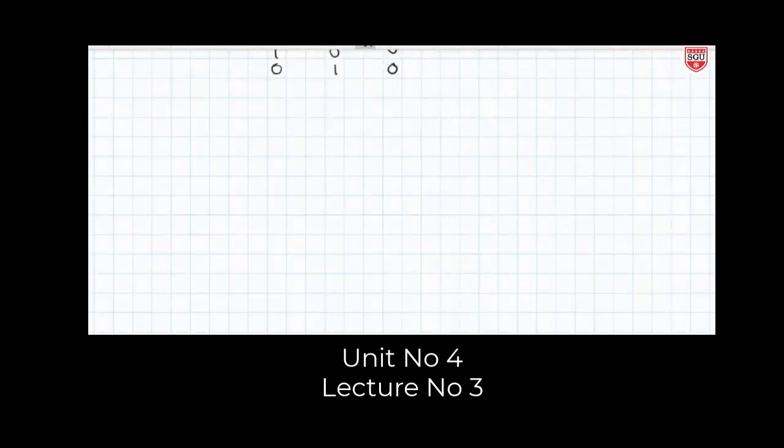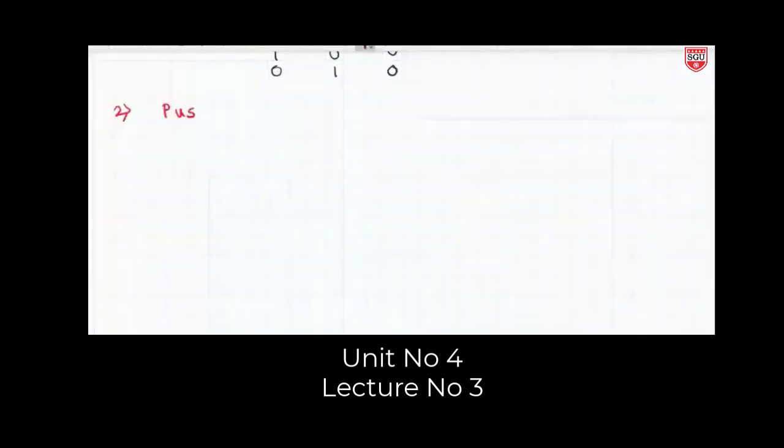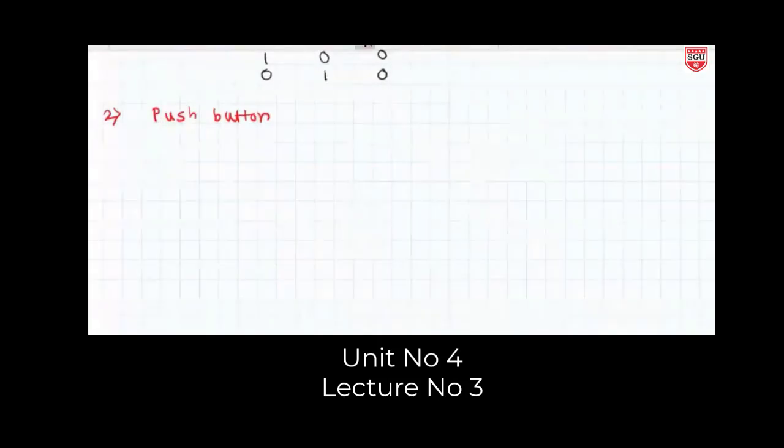If we consider the second type, that is the push button. Last time also we just started with the push button. The push button is shown like this, and I told you that NO and NC are shown in different ways.